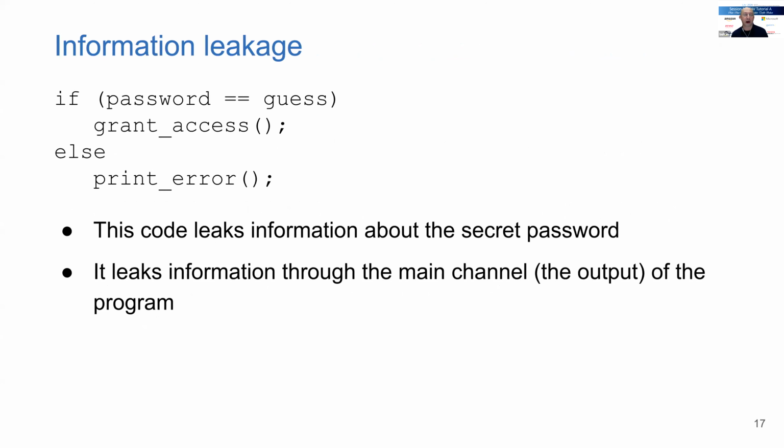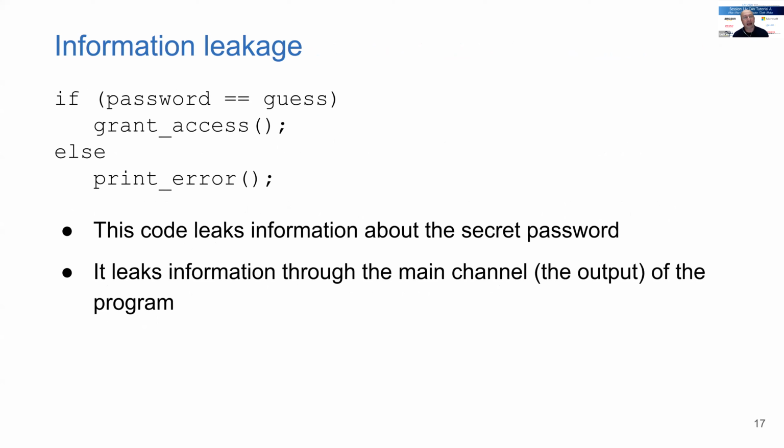This is all great, but there is a problem here. For example, I'm showing a very simple password checker, and I'll use variations of this simple example in the talk.